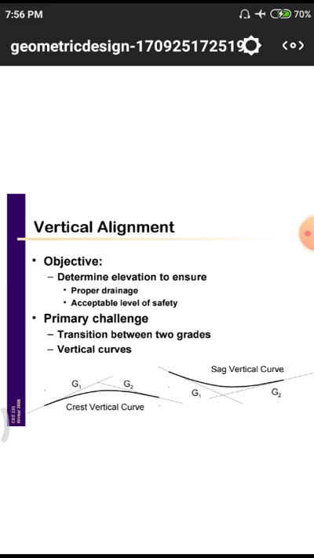But in vertical alignments we have a major problem with the surrounding rock particles. Definitely in rainy seasons there may be some rocks falling onto the roads. Recently in Vijayawada we observed some quantity of rocks falling on the road surface due to heavy rainfall.